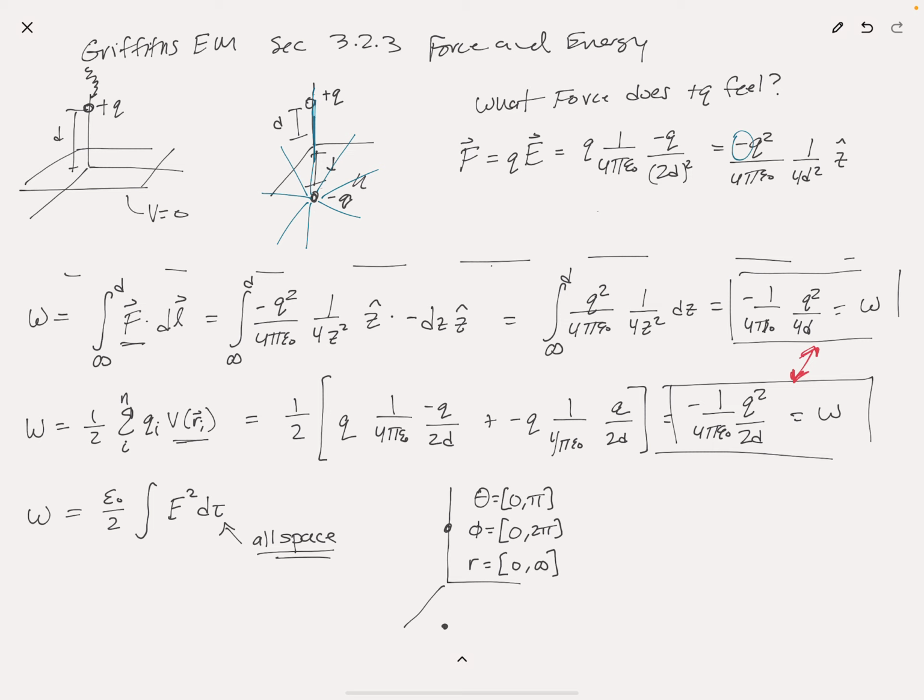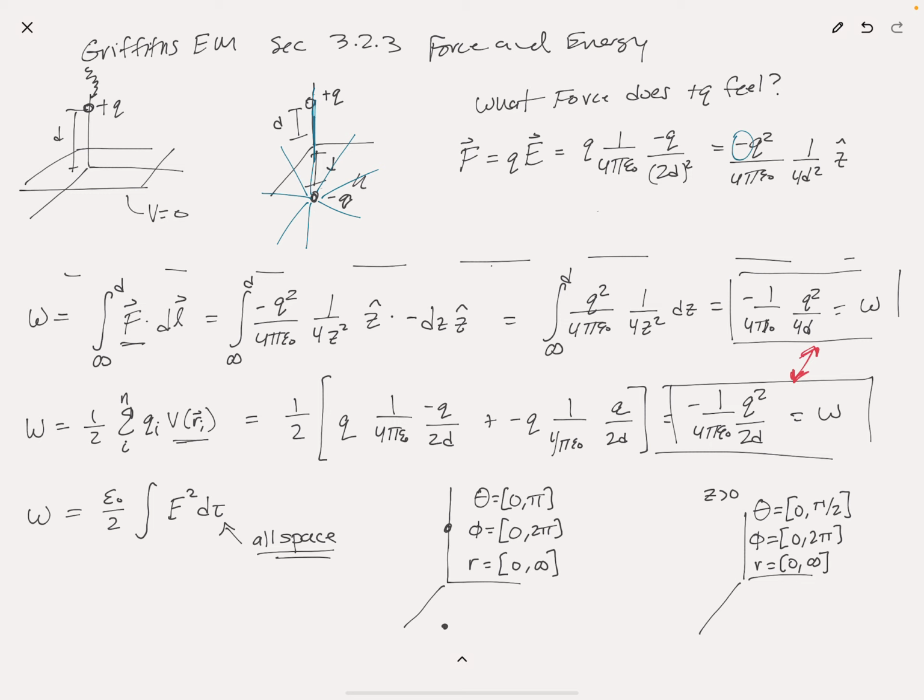But in reality, we only have a solution that's valid in the region of space above the xy plane, so only for z greater than 0. Probably shouldn't have picked spherical coordinates for this argument, but now theta only goes from 0 to pi over 2, phi from 0 to 2 pi, and r from 0 to infinity. So that's where that factor of 2 comes from: it's half of your full region of space.